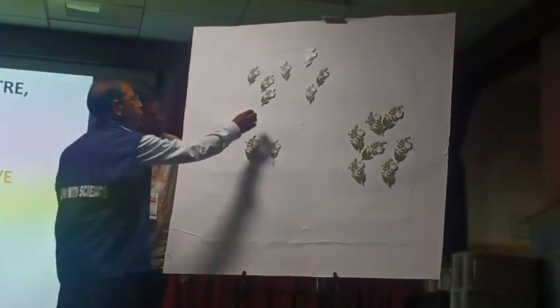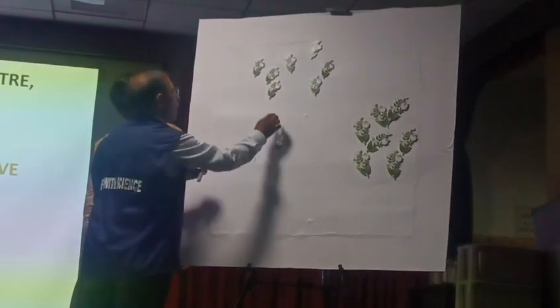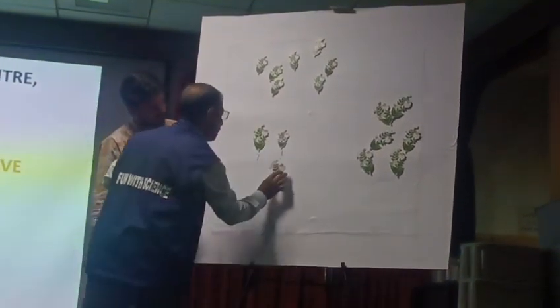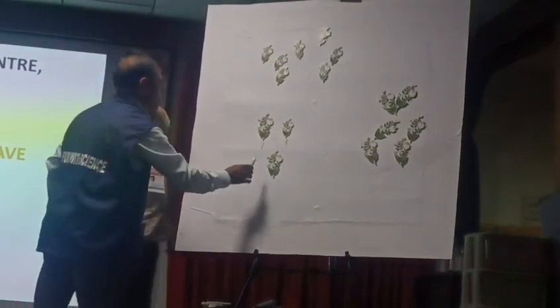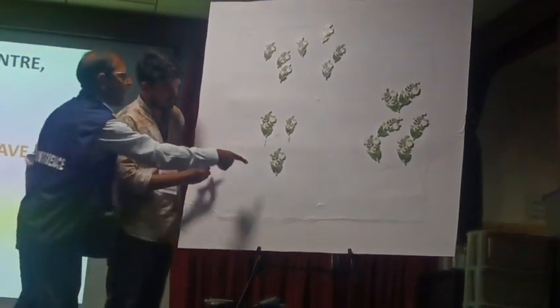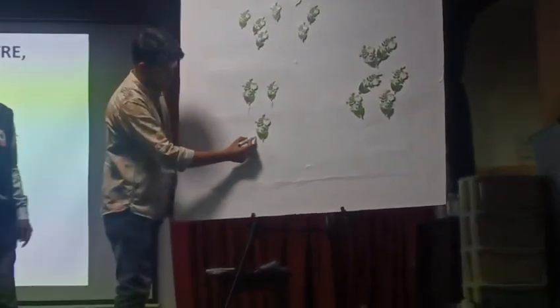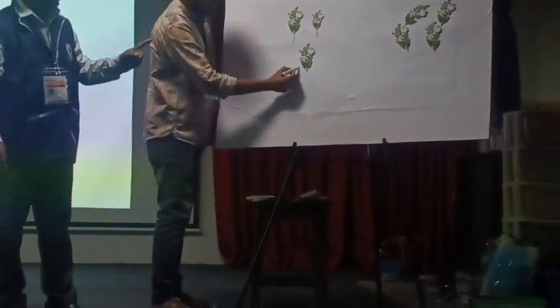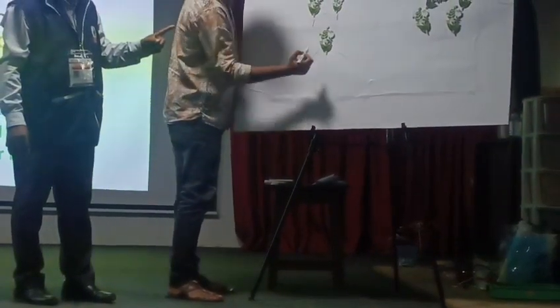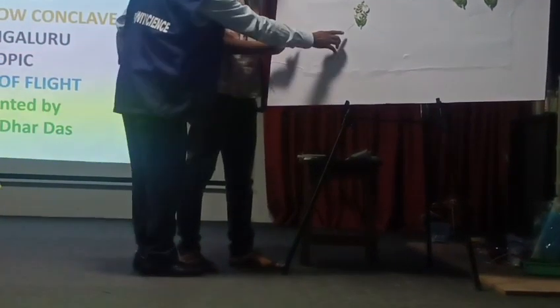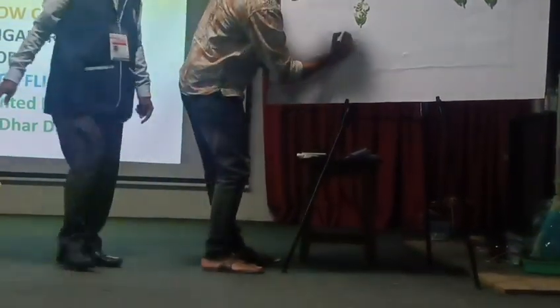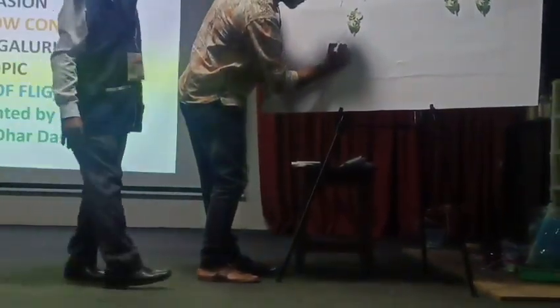Now you have to cross these and you will get this result. So what will be the hybrid? Just capital T and small t both. Mark it as capital T, small t.